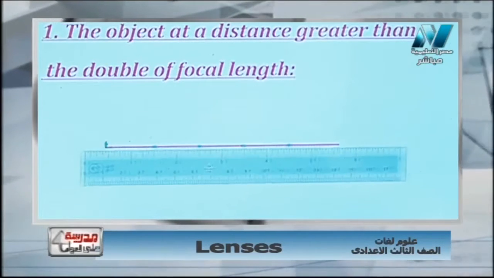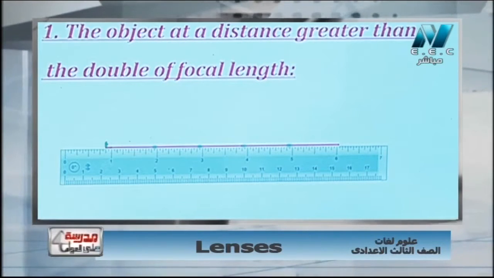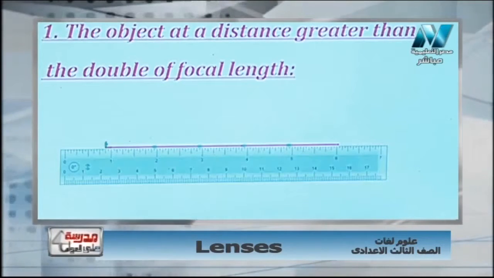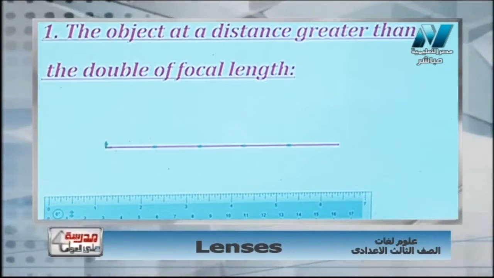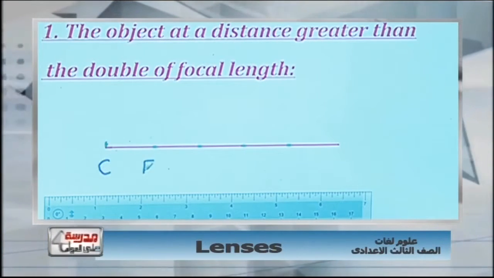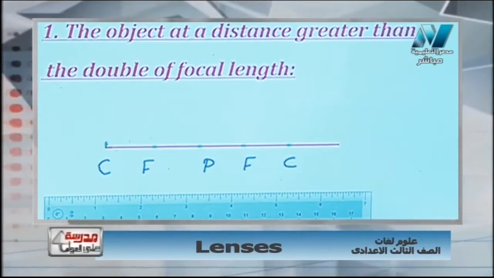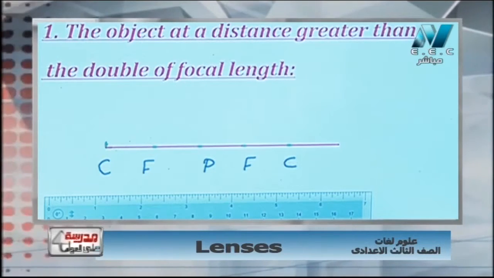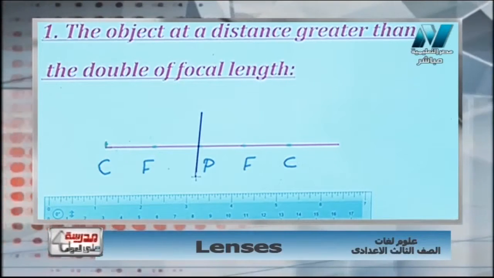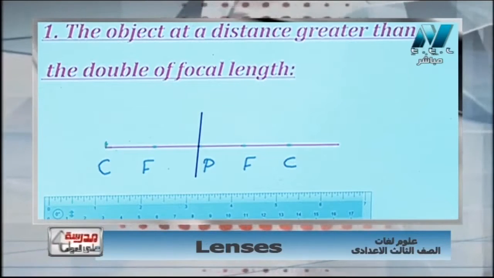Everything is drawn by ruler. We have C, F, P, F, and C. By ruler, we will draw an imaginary line through the optical center, and we will determine the position of the object.